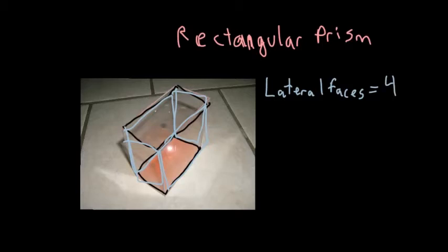And you'll notice on prisms, all the lateral faces are always going to be rectangles. And then lateral edges are just the lines connecting those faces. And I have 1, 2, 3, and 4 of those.